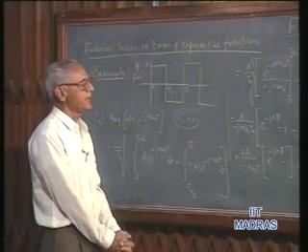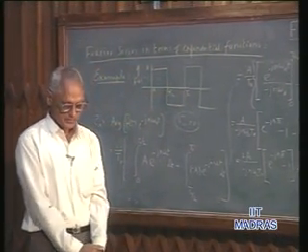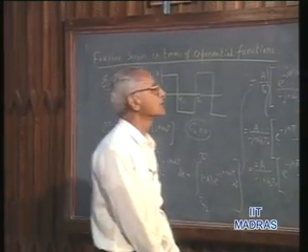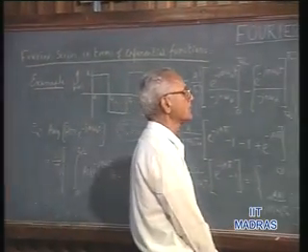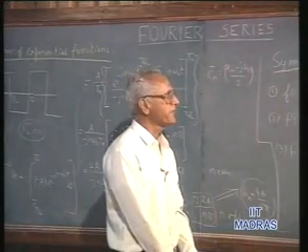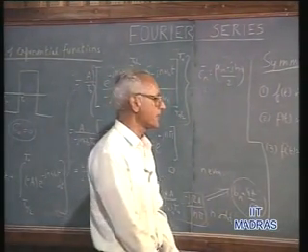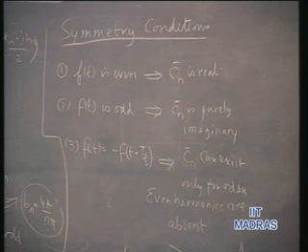And lastly, we talked about symmetry conditions in terms of the Fourier coefficients of the trigonometric expansion or the exponential expansion, and we said if f of t is even, Cn happens to be real. If f of t is odd, Cn is purely imaginary. And the half wave symmetry, which we already discussed, doesn't yield any new surprising results.